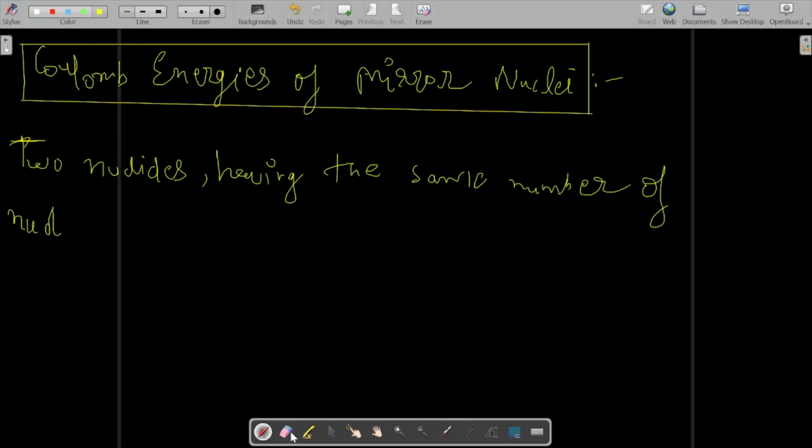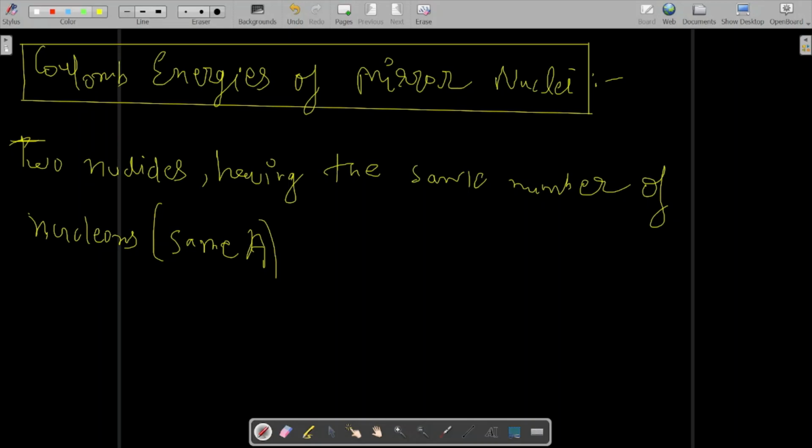The number of nucleons is given by capital A. Same number of nucleons, what does it mean? That is the same atomic mass number A, but different number of protons.